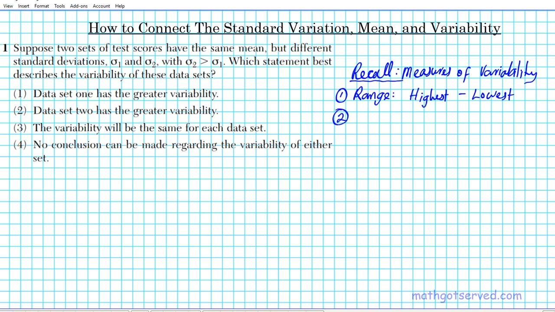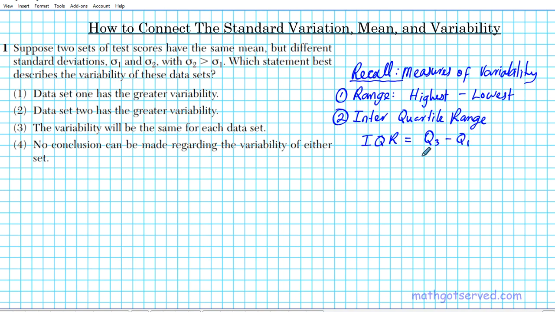Another measure of variability is the interquartile range. If you want to calculate the interquartile range, all you simply do is subtract the first quartile from the third quartile.